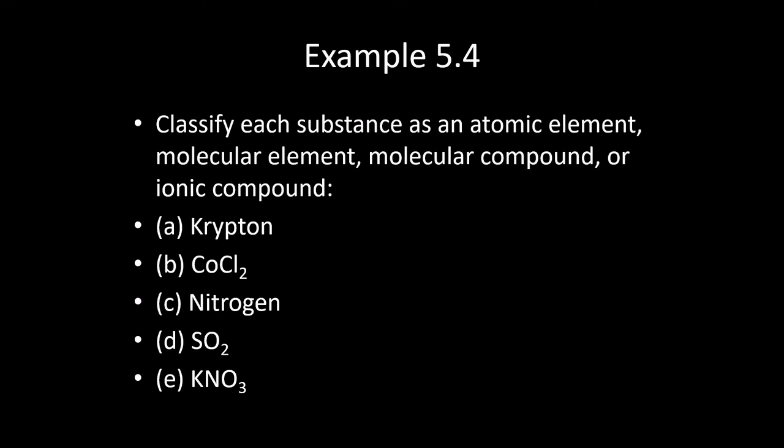Okay. Part A, krypton. This is an element from the periodic table, and it is not one of the 7 diatomic elements. And so this would be an atomic element.